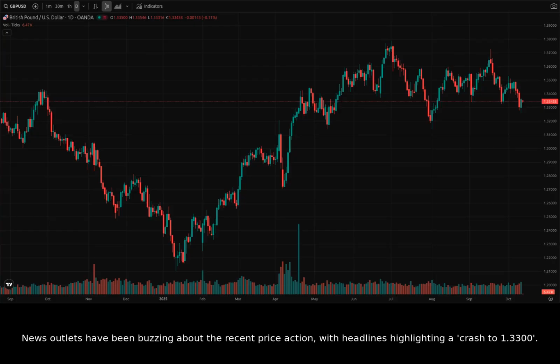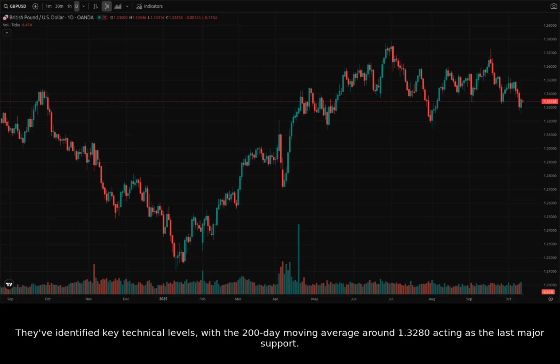News outlets have been buzzing about the recent price action, with headlines highlighting a crash to 1.3300. Analysts point to crumbling investor sentiment and the strength of the greenback as the primary drivers. They've identified key technical levels, with the 200-day moving average around 1.3280 acting as the last major support.